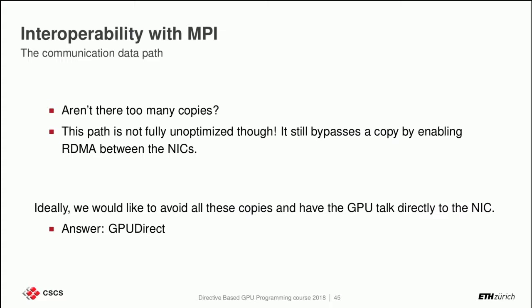Since we have our data already in the GPU, ideally we'd like to communicate this data in a magic way to the other GPU, just bypassing everything. And thankfully, there is the technology for that. This is called GPUDirect, which is supported by the CUDA driver and the hardware of the cards. You should also have a high-end network card.